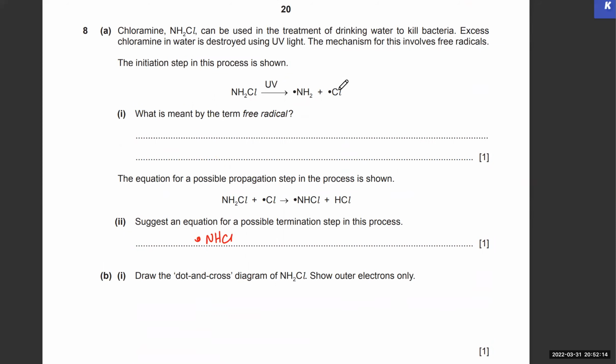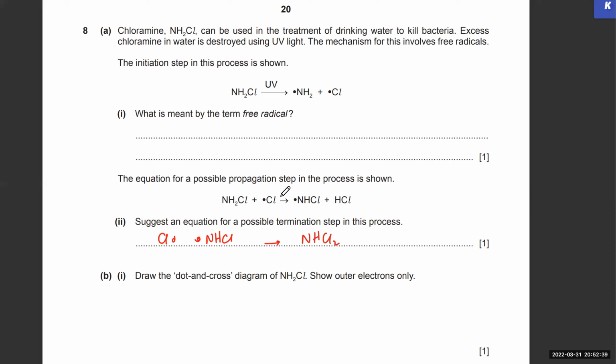They form two radicals, right? Then this radical goes and attacks the other one. So suggest an equation for a possible termination step. It can combine with another Cl radical and end up forming NHCl2. Its bonds would be complete. So any atom whose bonds are not complete is a radical.